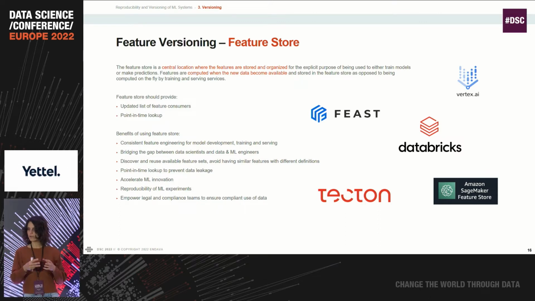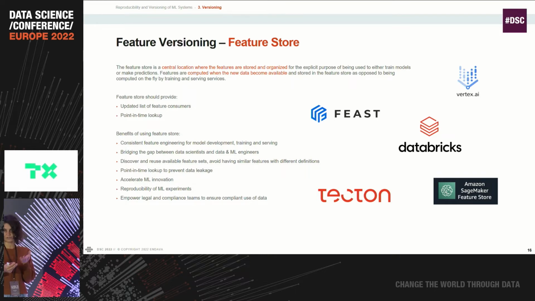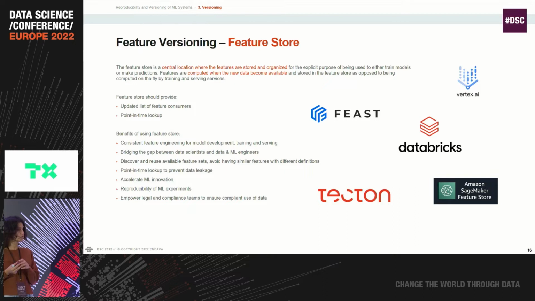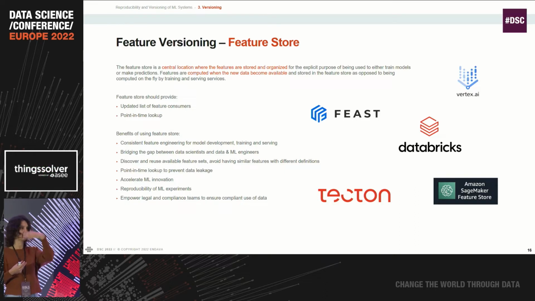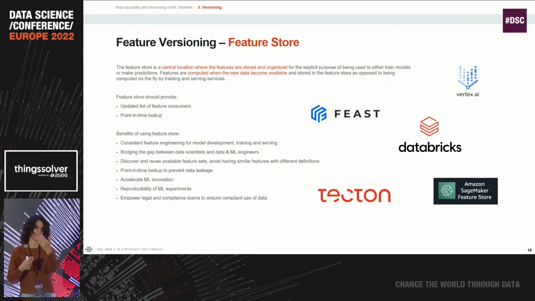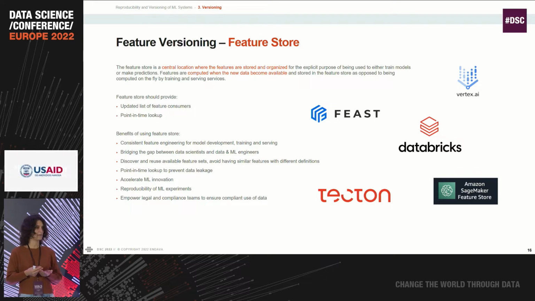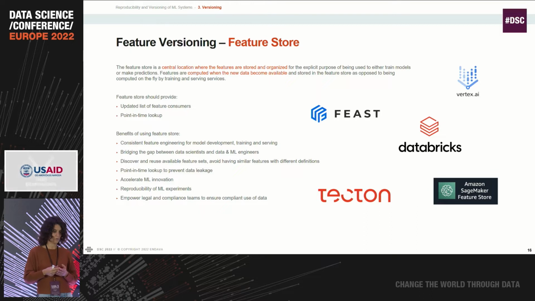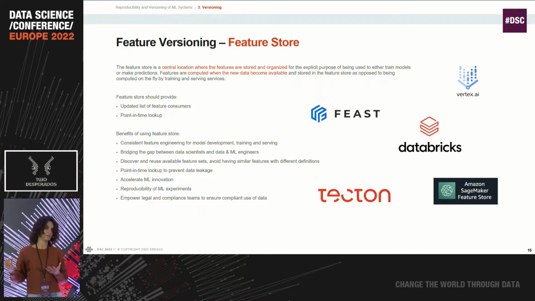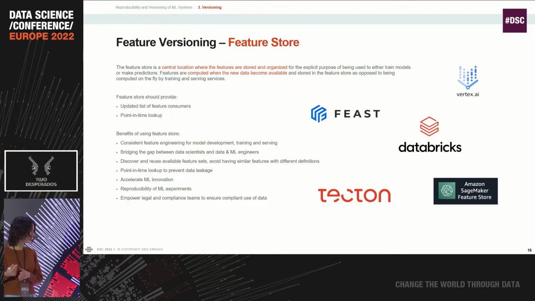It's also a collaborative unit. For example, data engineers can store their computed features in the feature store, and then from there they are used by data scientists when they are developing, or maybe by MLOps engineers who grab those features and use them in the training and inference pipeline, for example.